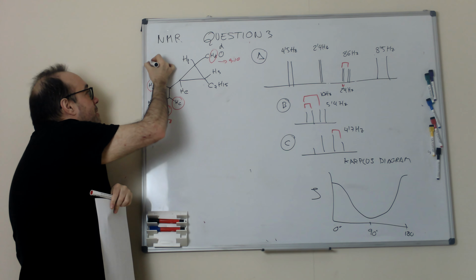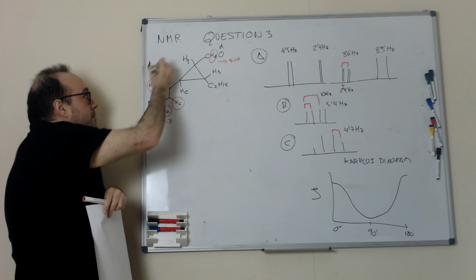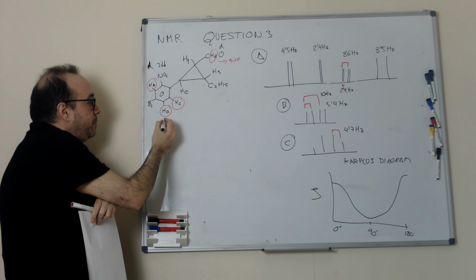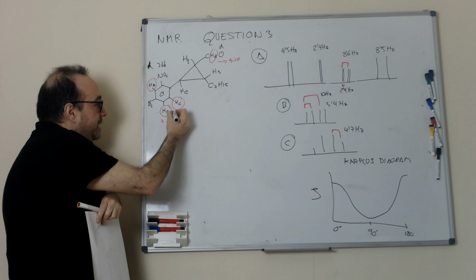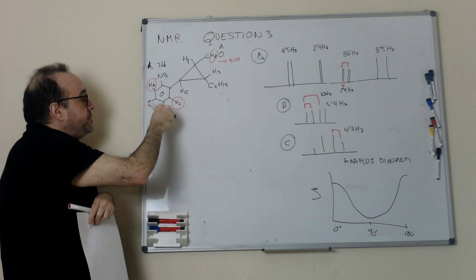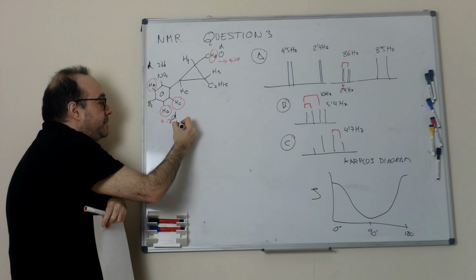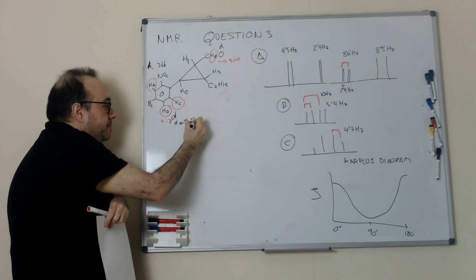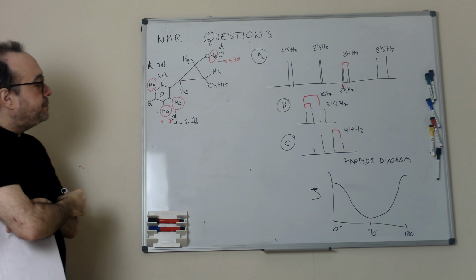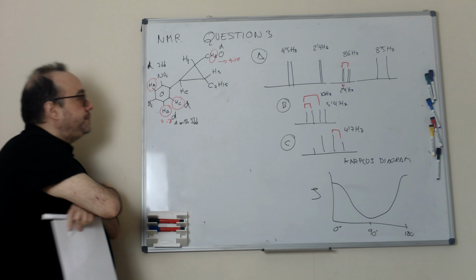That means there will be a doublet, but with a very, very small coupling constant, because it's J4, not J3. HB will be a doublet with HC, but if HA is also coupling with HB, there will be a normal doublet, and then another doublet with a very small J, because it's a J4. And finally, HC will couple only with HB, so this will be a doublet.